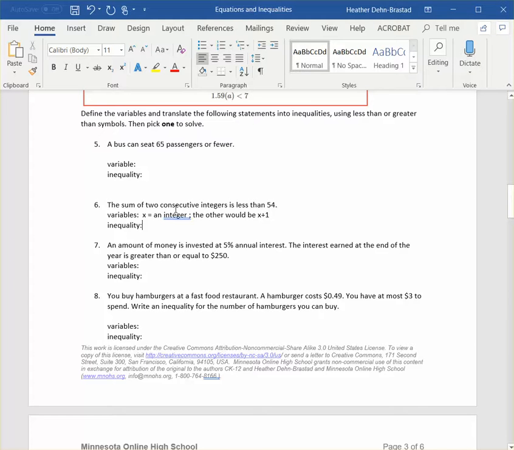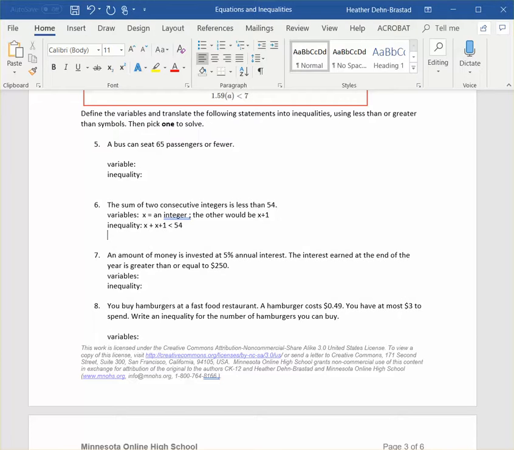So we have to write the sum of 2 consecutive integers is less than 54. The sum of means to add. So we're going to add x plus the integer right after it is x plus 1. And it has to be less than 54. If this was the one that I was going to solve, I would start by adding x and x together.